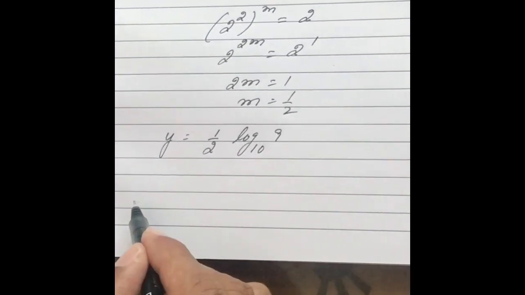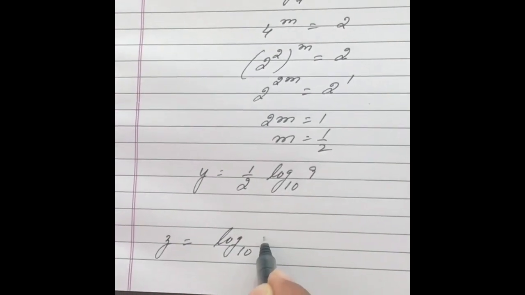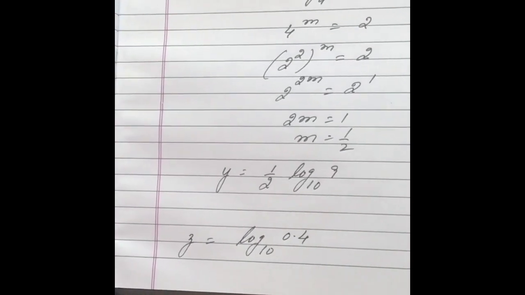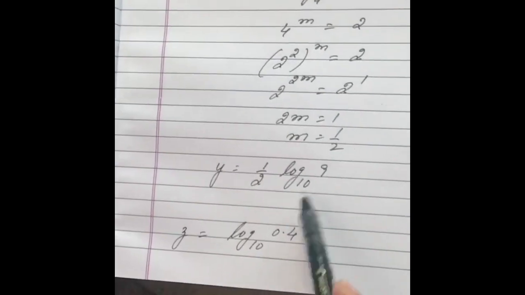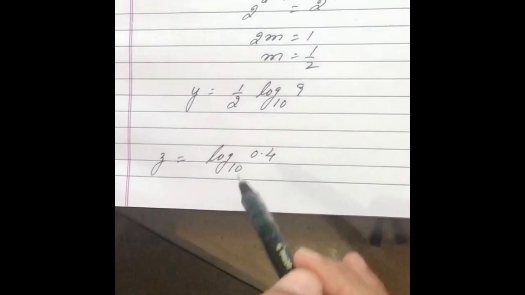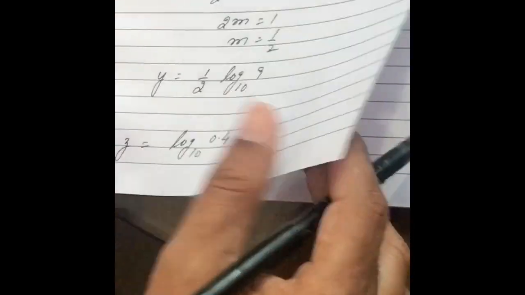Z is log to the base 10 of 0.4. Students, now see that I made the bases equal. X is log 10, y is in the form of log 10, and z is in the form of log 10. Now I have to find x minus y minus z.